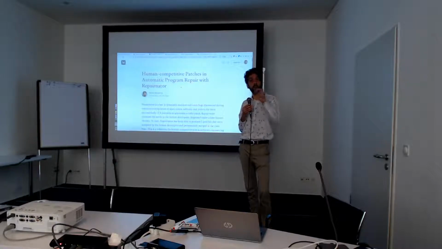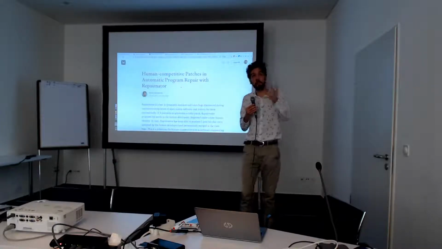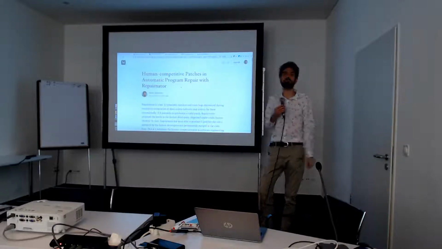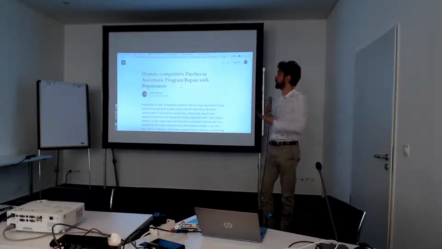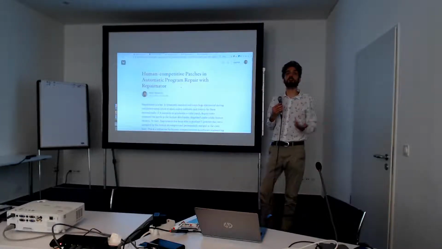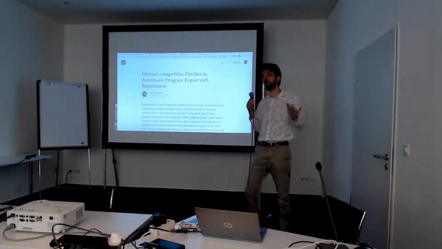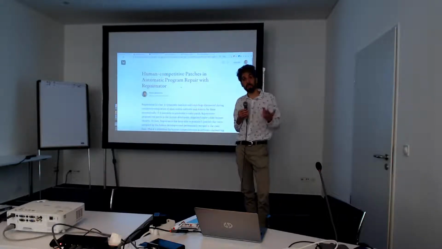Even if we repair only 1% or 0.1% of all bugs in the world in a fully automated manner, this has a huge impact. So in many cases, Repairnator does not find any patch because the problem is too hard, because the search space is too large. In some cases, there is a patch.